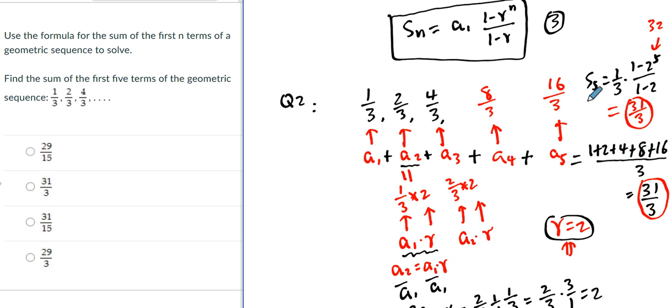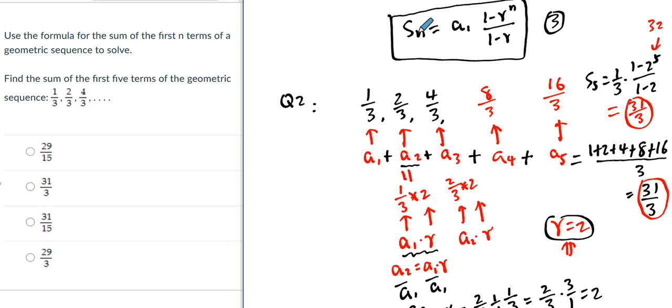Okay, so this question is not really that hard because it only involves the first 5 terms. If I said the first 20 terms, then you would have to use this general formula. What does this general formula say? Here a1 is 1/3, and then times 1 minus 2 to the 5th power, because here is n.